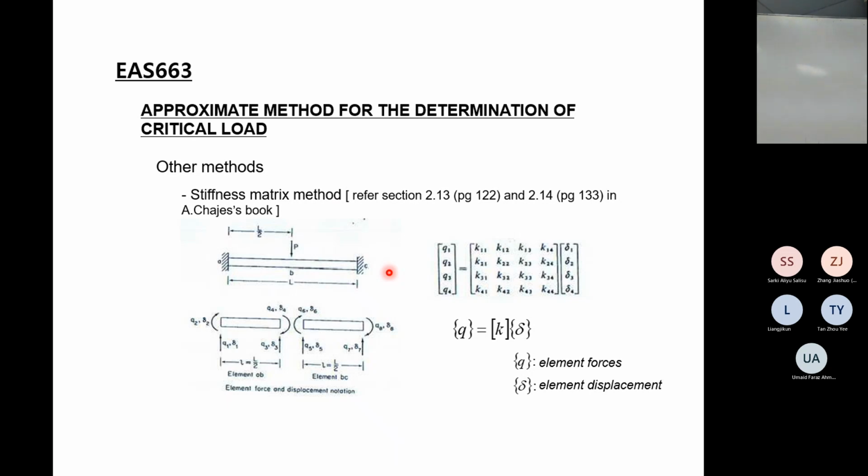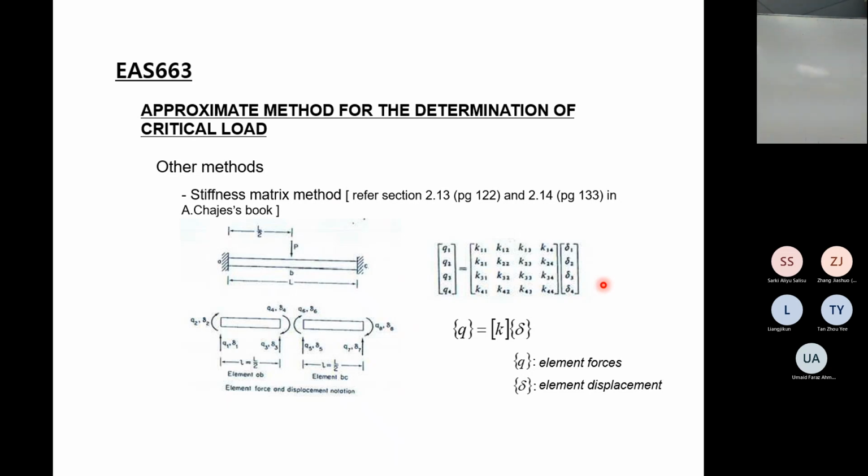As shown here, we take the example of a fixed beam, where the length is L. But in the stiffness matrix method, we divide it into two parts, as shown in this diagram. For each of the parts, we have a standard element stiffness equation, as shown here.